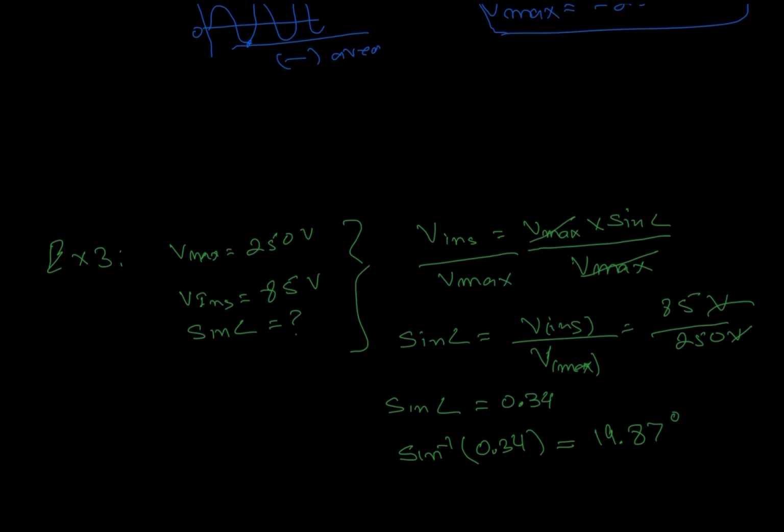And this is the sine of a number. So this is the sine of an angle, and this is the angle actually. This is the value of this number. So sine of 19.87 will give you this value. So to find the angle from the value of a sine, you have to take the inverse sine of the value.